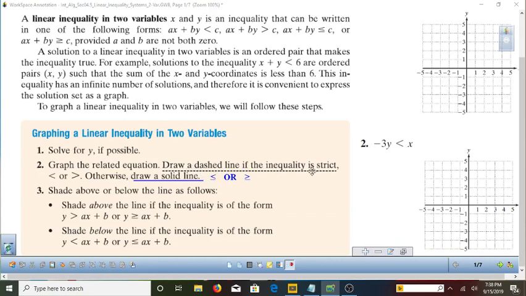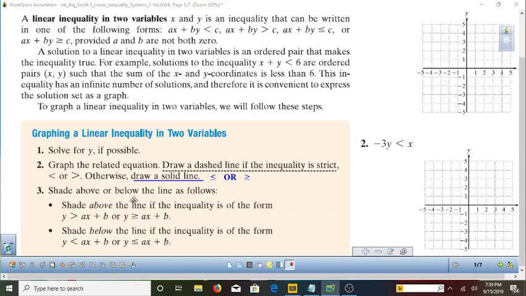A dashed line says the points on the line are not part of the solution, and a solid line says the points on the line are part of the solution. It's like the distinction between an open circle and a closed circle. An open circle says the endpoint is not part of the solution, and a closed circle says the endpoint is part of the solution.